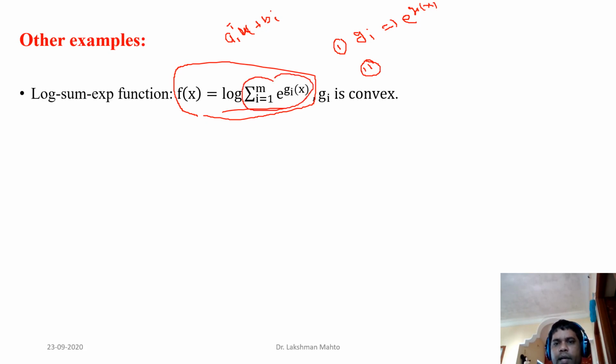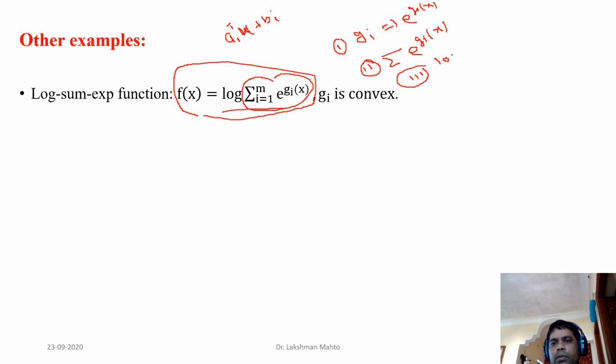Then next, this component: sum of convex functions is again convex. Summation of e to the power g_i(x), where the summation varies from 1 to m, is again convex.